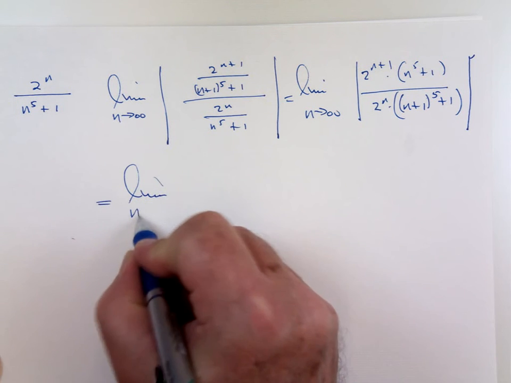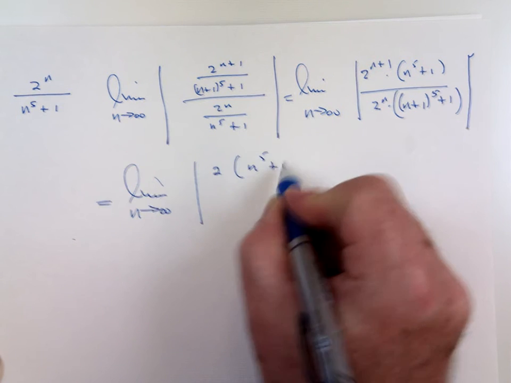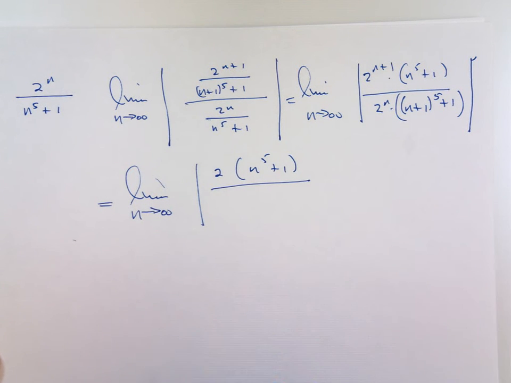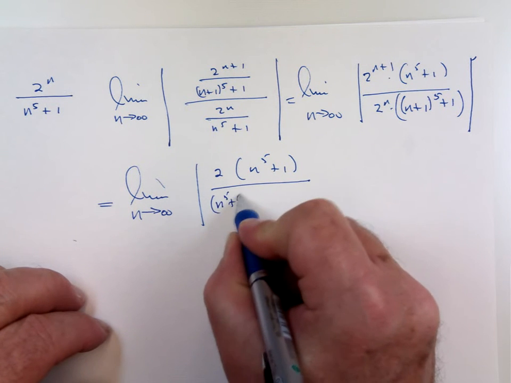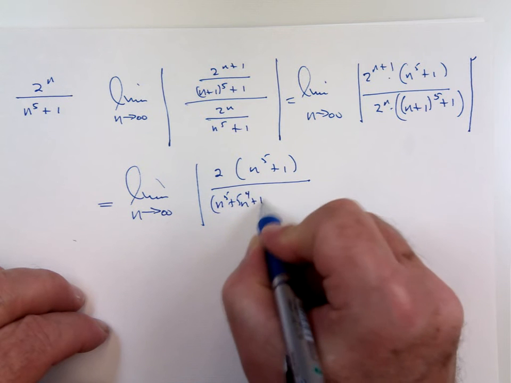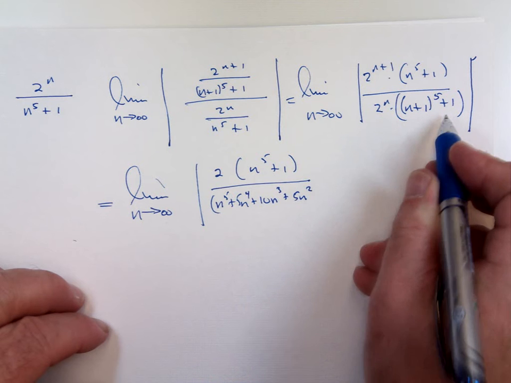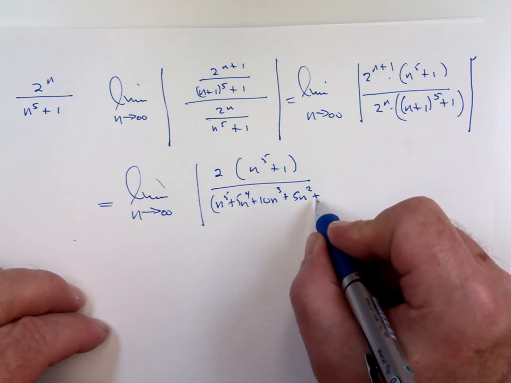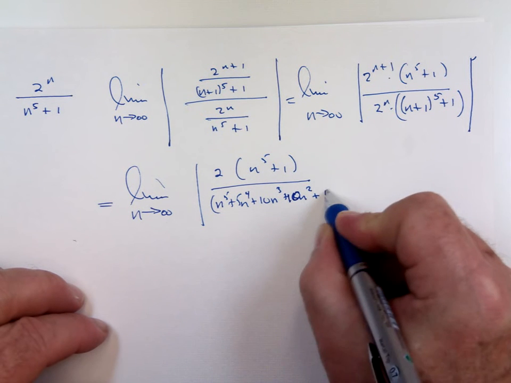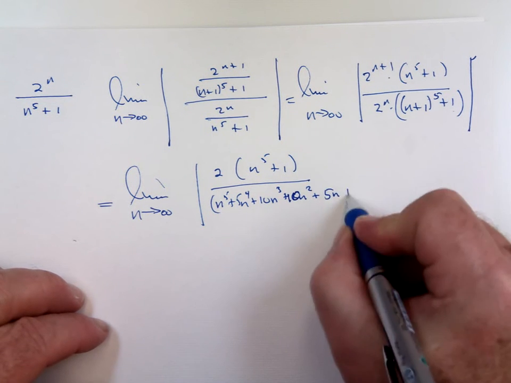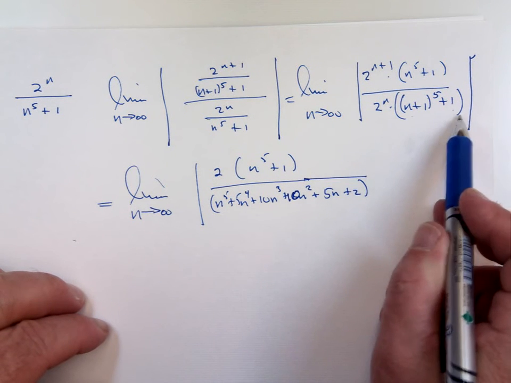We've got n to the 5th plus 1, and if you multiply this out, it's n to the 5th plus 5n to the 4th plus 10n cubed plus 10n squared plus 5n plus 1, plus 1 is 2. When I multiply this out, this is what happens. What's this limit now as n goes to infinity?